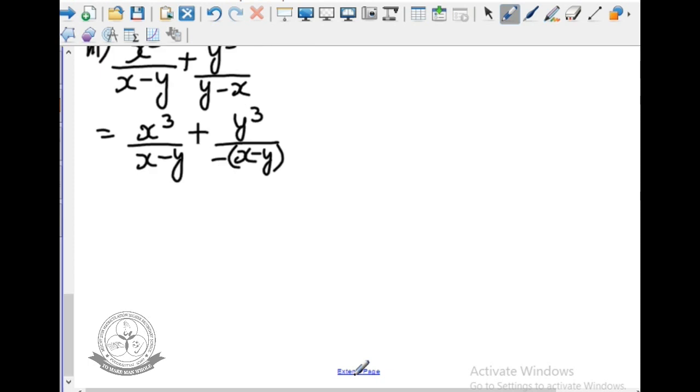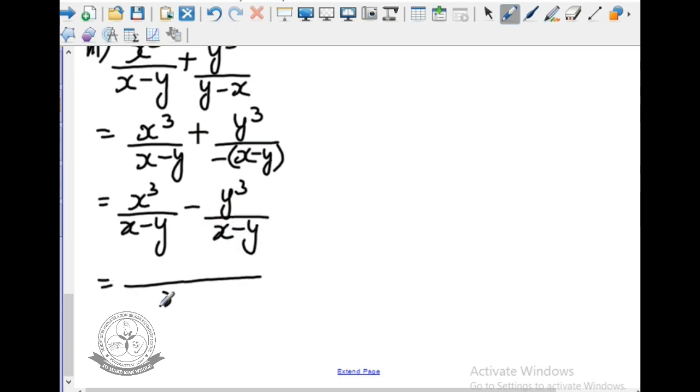Next step, bring the denominator. We are having a minus sign, bring it to the numerator. So x cube by x minus y, that is minus y cube divided by x minus y. Same denominator, so write the denominator and simplify the numerator, x cube minus y cube.